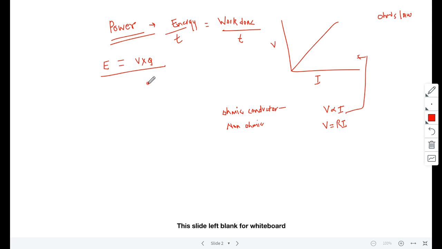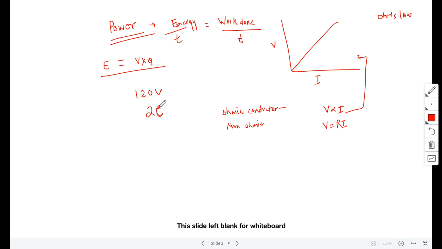I'm giving you one question using the same formula. Calculate how much energy is transferred when, because of a potential difference of 120 volts, a charge of 2 coulomb is flowing every second. So 120 times 2, would it be 240?